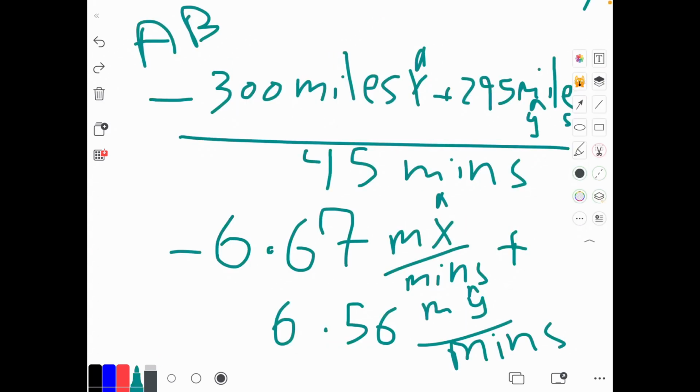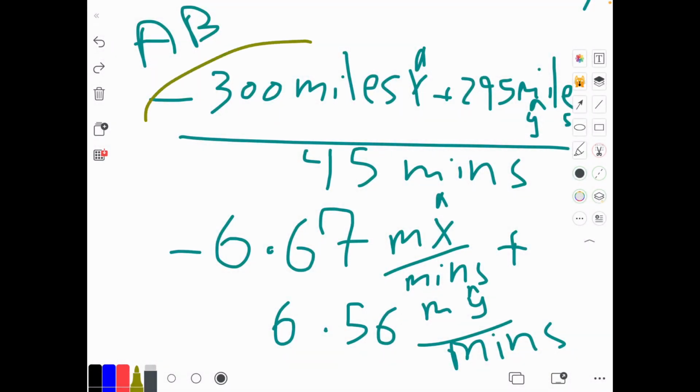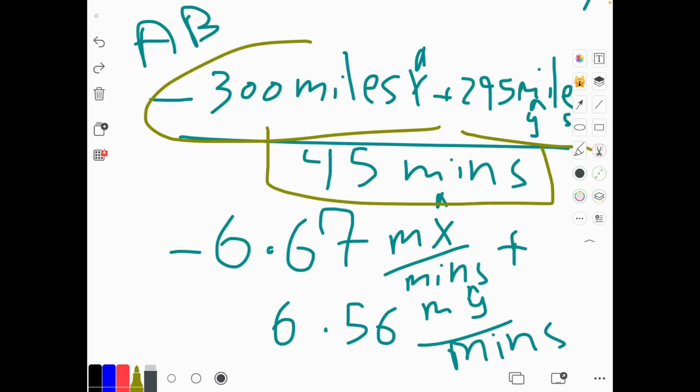If we did one for Charleston and Atlanta, it's going to be easier to find Atlanta and Birmingham because I have negative 300 miles x hat plus 295 miles y hat. We're going to divide that by 45 minutes because that's the flight between Atlanta and Birmingham. So doing that, we get negative 6.67 miles x hat per minute plus 6.56 miles y hat per minute in order to get the velocity.